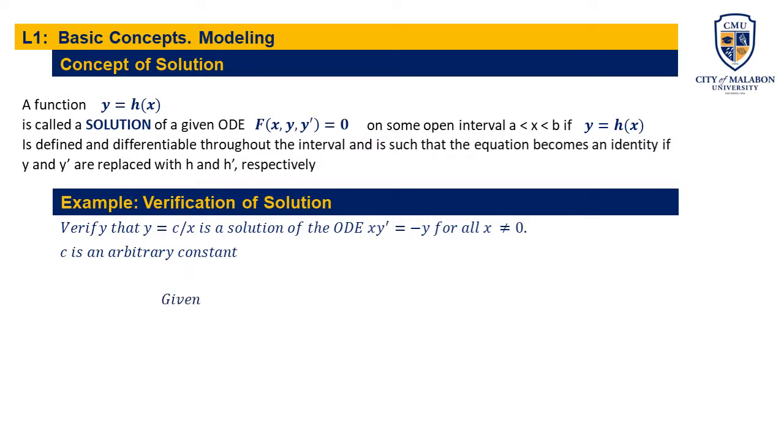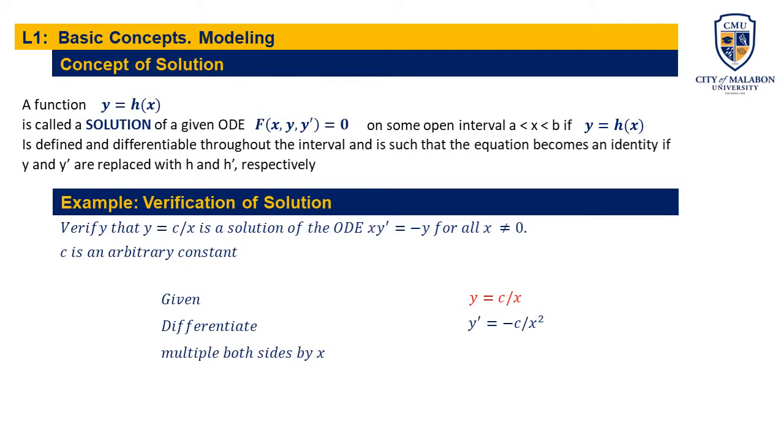First, we have the given y is equal to c over x. So we will differentiate this equation. We will have y prime is equal to negative c over x squared.